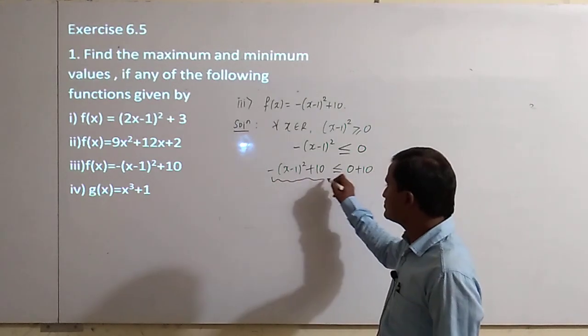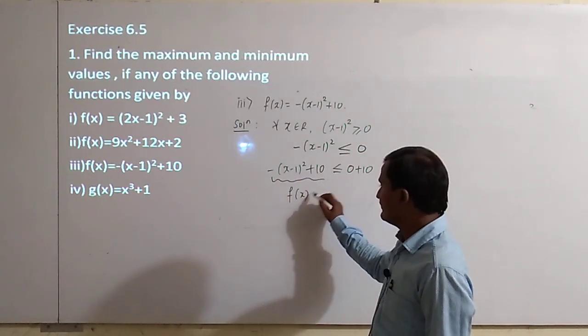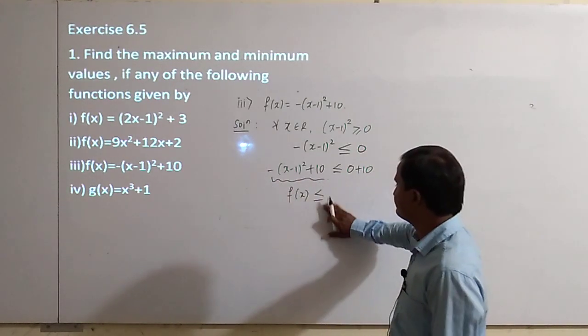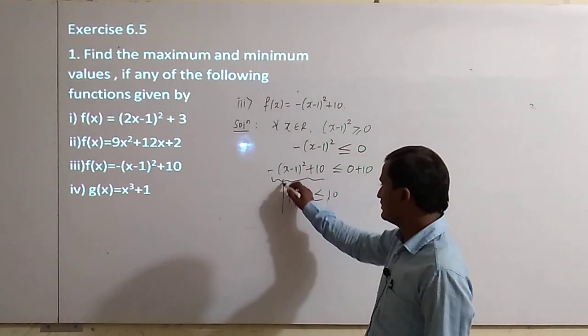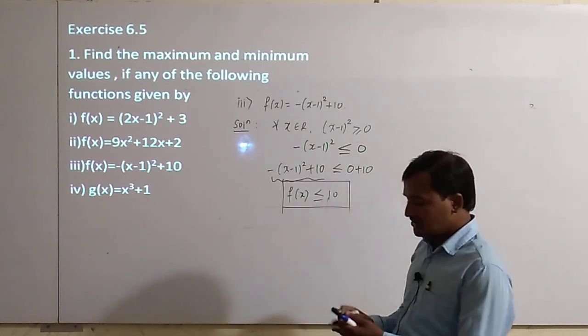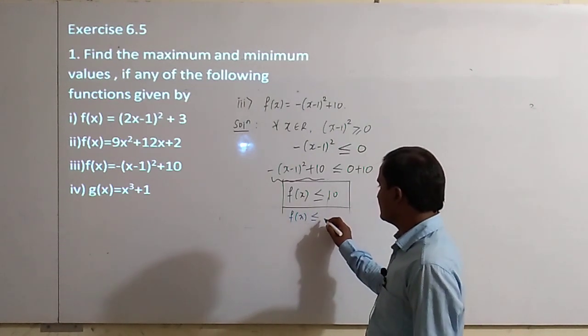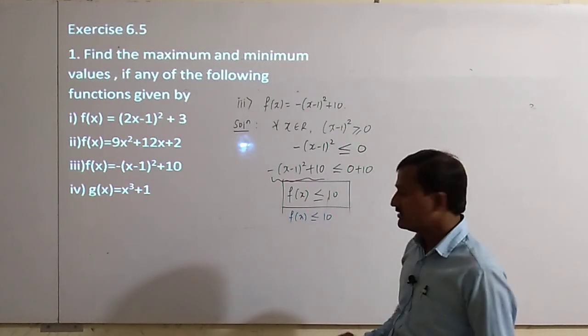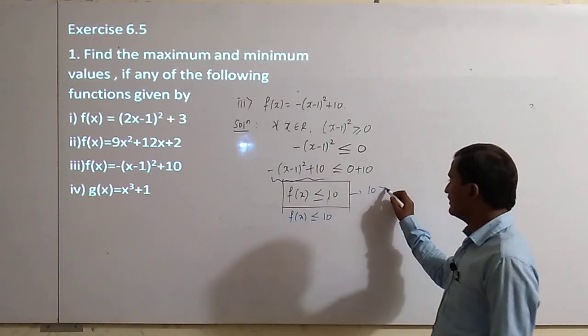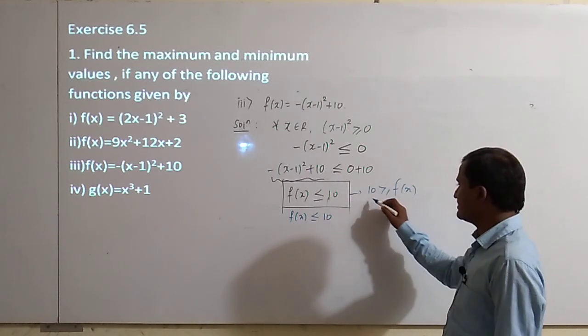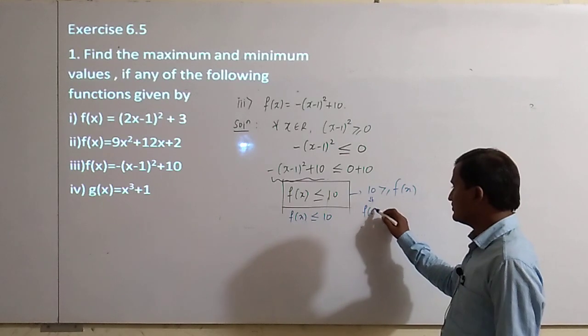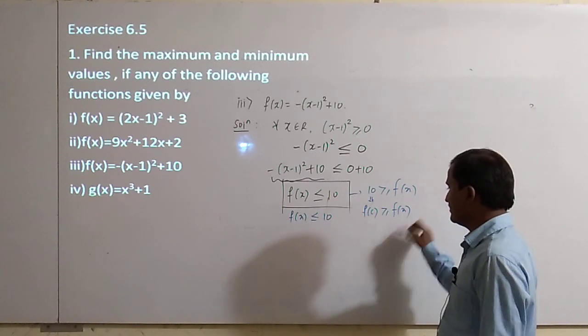Now what is the value of this one? Clearly f of x is less than or equal to 10, or simply we will write 10 is more than or equal to f of x. So clearly now it is in the form f of c is more than or equal to f of x.